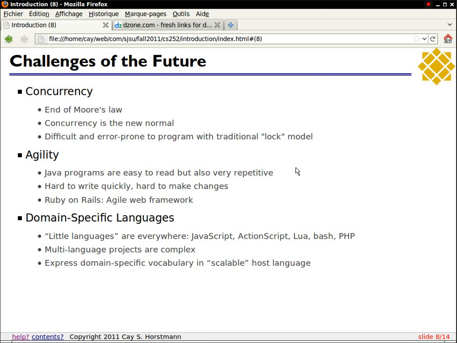The other thing is this issue of agility, that when you look at a Java program, Java was purposefully designed to be easy to read. So when you listen to Gosling, he will say that C++ they felt was hard to read because the syntax was awkward. And so they've taken away features in Java so that programs would be easy to read.